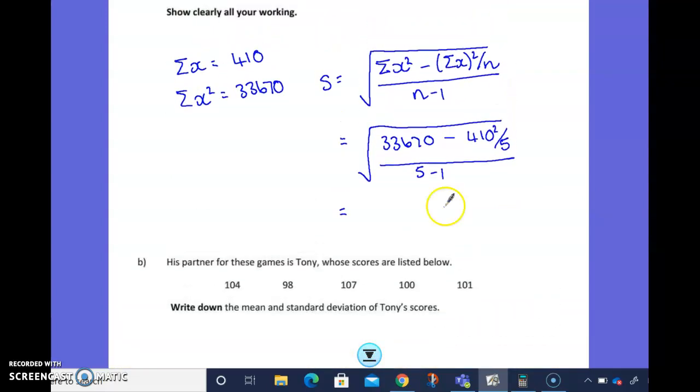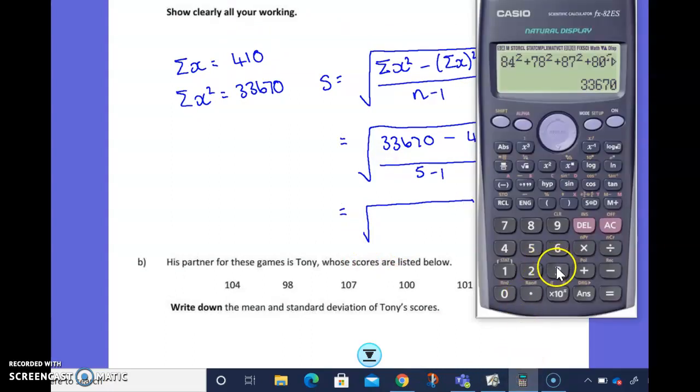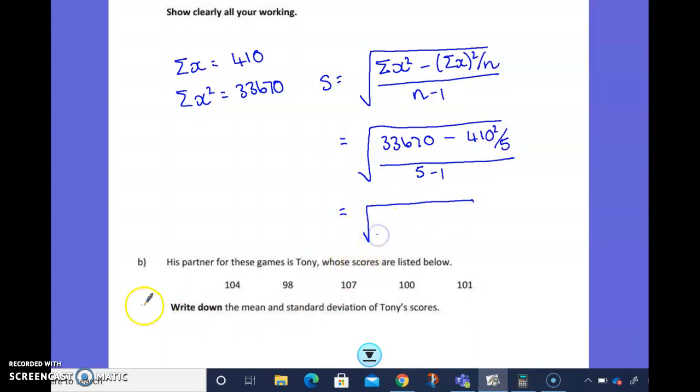Which is the square root of 33,670 minus 410 squared divided by 5, which is 50. I've done my square root sign far too big, let's try that again.